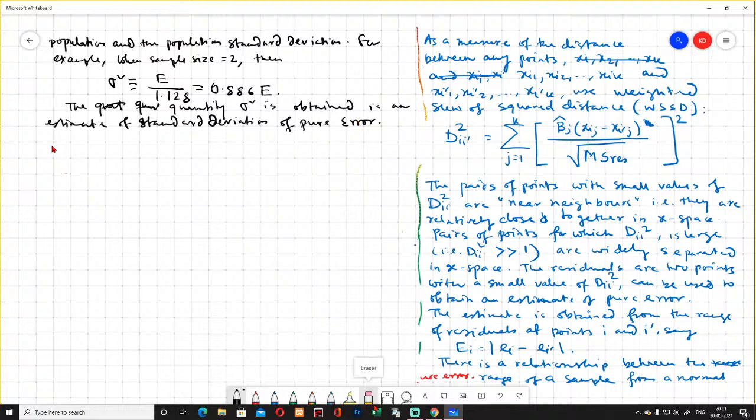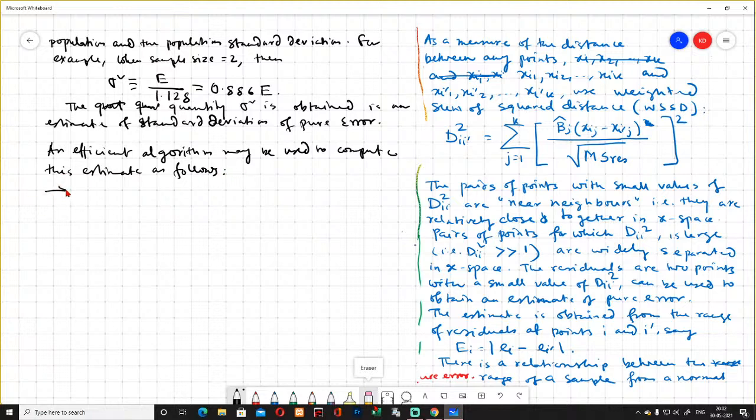An efficient algorithm may be used to compute this estimate as follows.